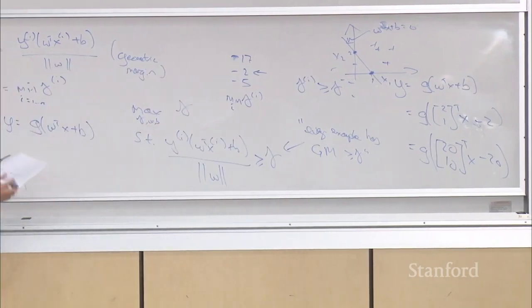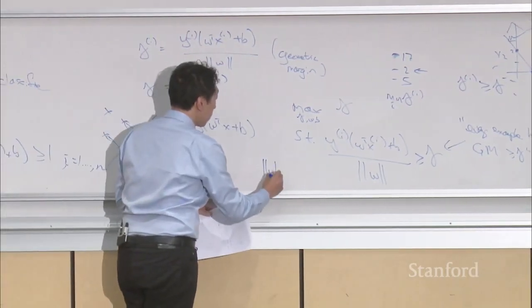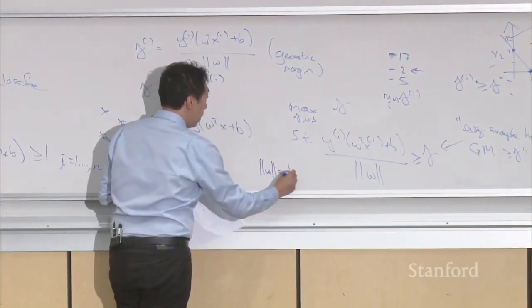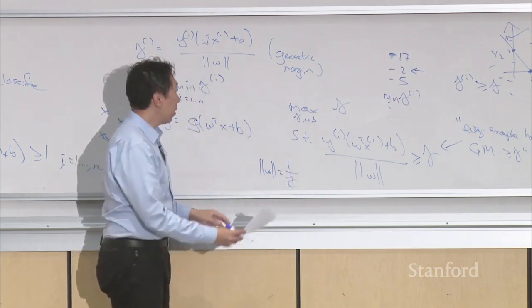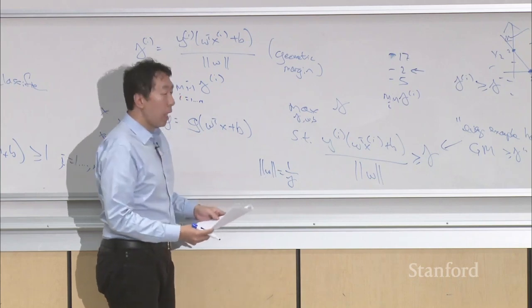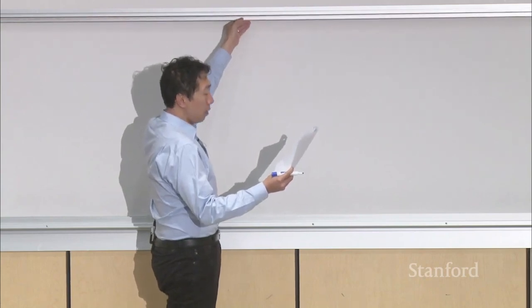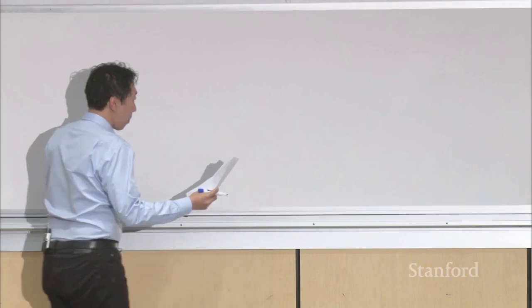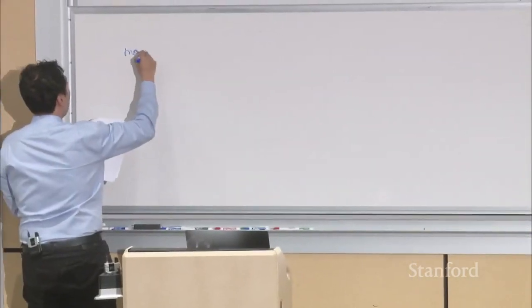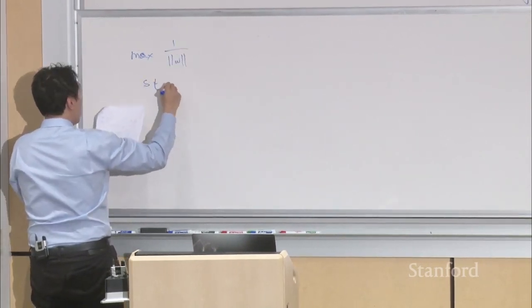And so the trick to simplify this equation into that one is to scale the norm of W to be equal to 1 over gamma, because if you do that, then this optimization objective becomes maximize 1 over norm of W subject to this.